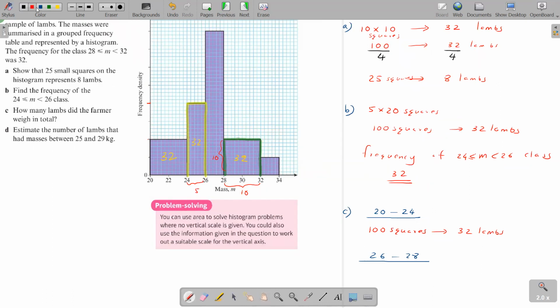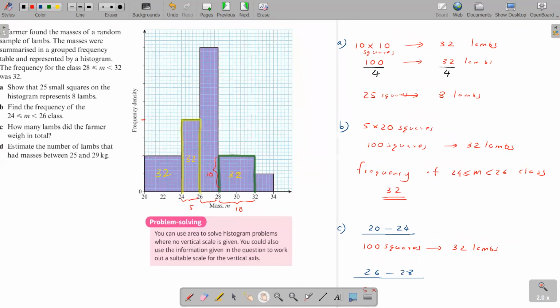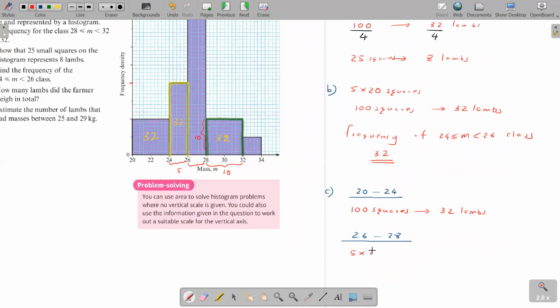So we have how many squares? Width-wise, there are 5, right? 5 squares into what's the height? It's 5, 10, 15, 20, 25, 30, 35, 40, right? That's 40. So 5 times 40.